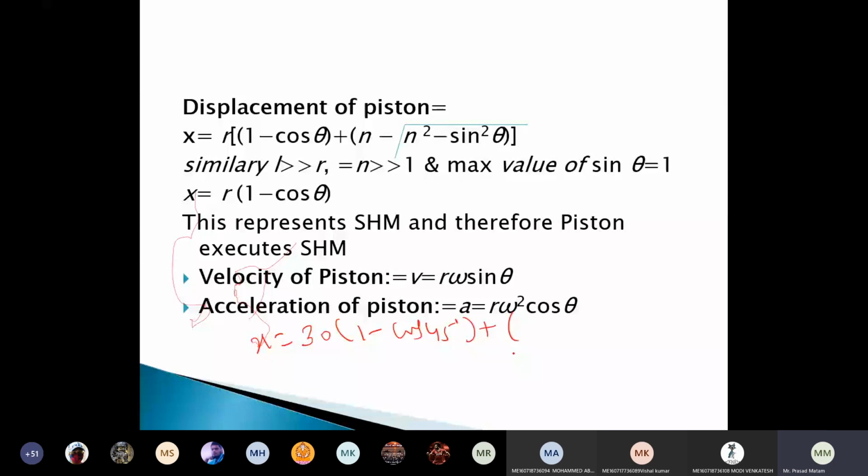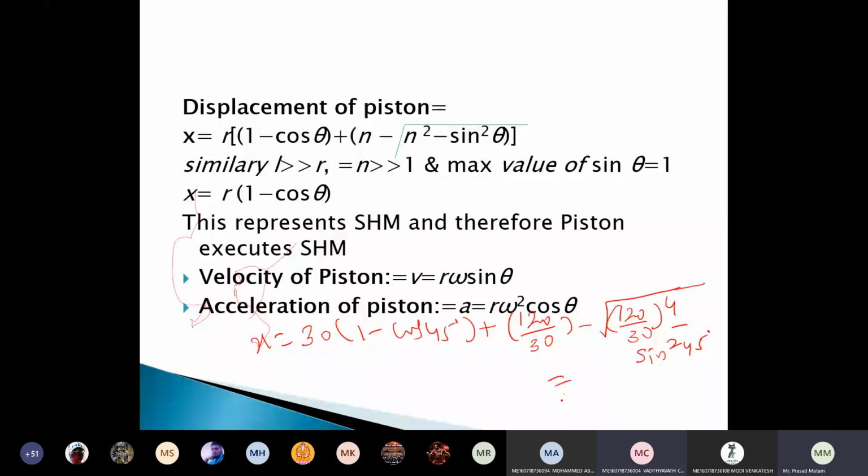What is the connecting rod length? 120 mm. Crank radius is 30 mm. Minus root over n square. 120 by 30 is 4. Minus sine square 45 degrees.